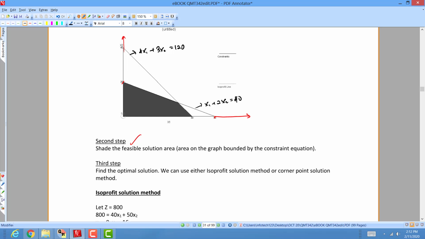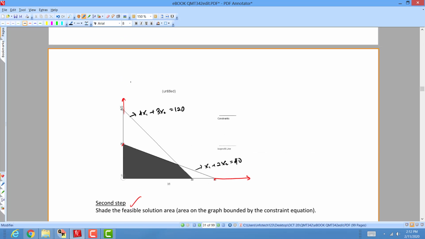So how to shade the area? You need to substitute one point. Let's say I use this equation here. Whether you want to shade upward or downward of this line, let's say I take (30, 0) and put it into this line.